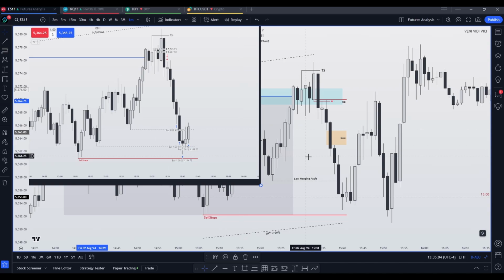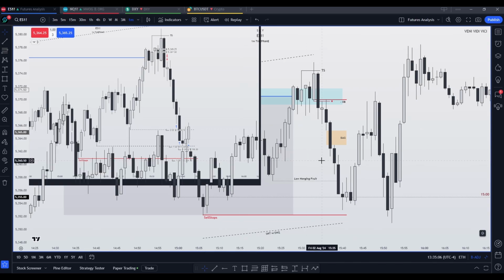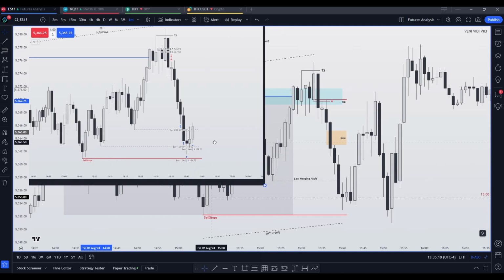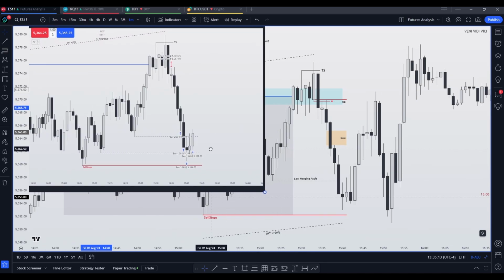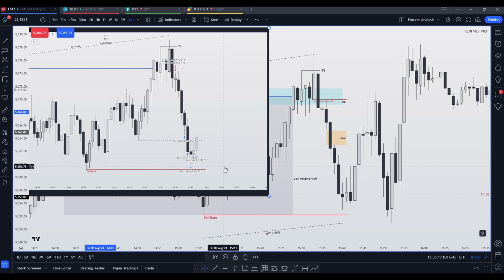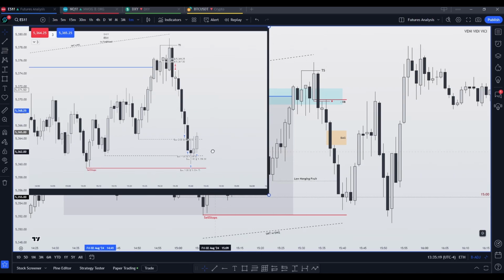Then took a partial right here just to save up some profits, but this was a bad partial in my opinion, a bit too soon. Then took another partial right here on the low hanging fruit.